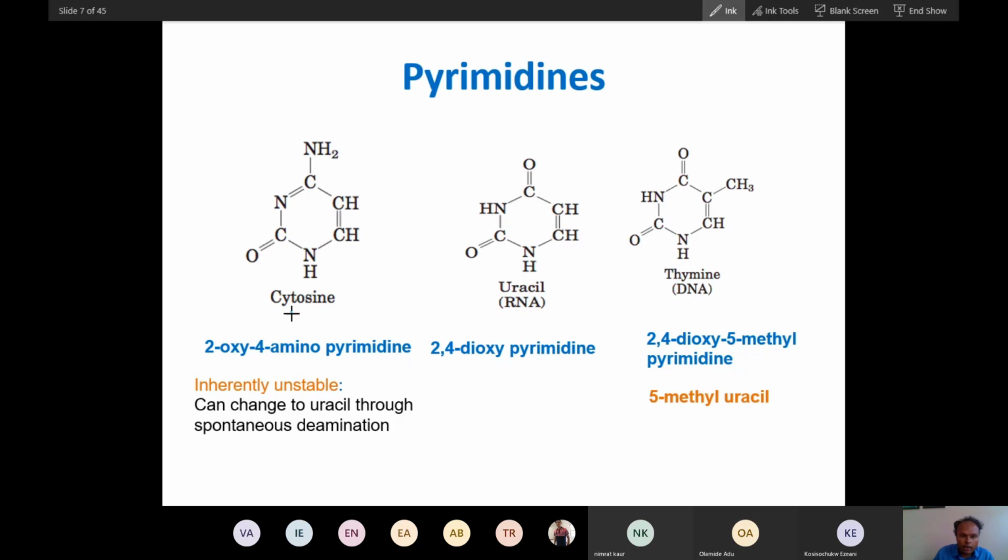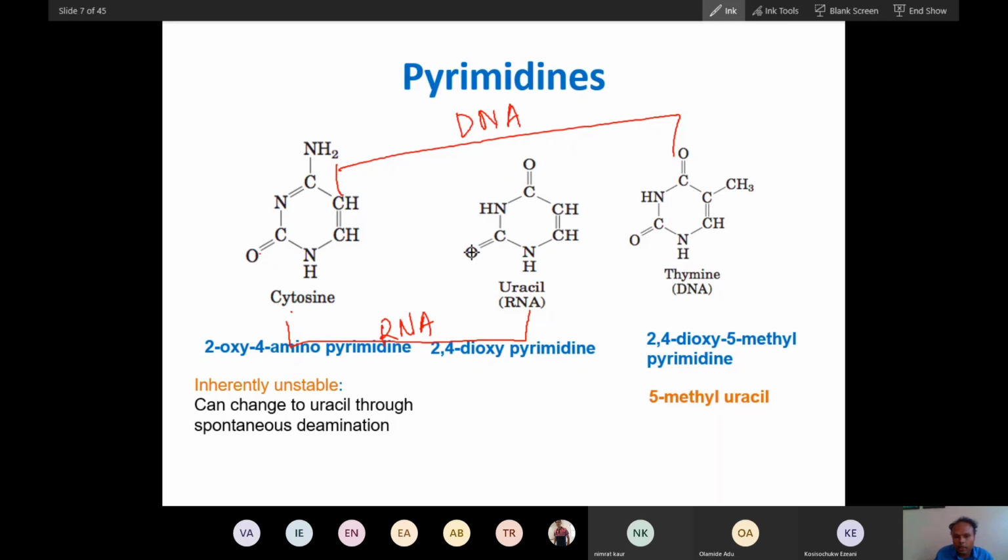Two of these are present in RNA, and DNA has these 2, not uracil. Thymine and uracil differ in the methyl group only, and they both have a similar oxo group here.